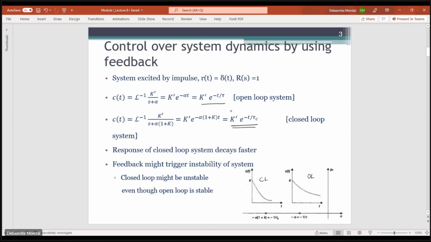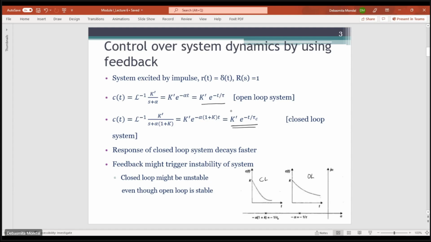Then comes the effect of feedback on the bandwidth of a control system. First of all, let us consider a control system which is represented by a low pass filter. The bandwidth of a system is defined by the frequency range in which the value of the gain drops to 1 by √2 of its DC value.